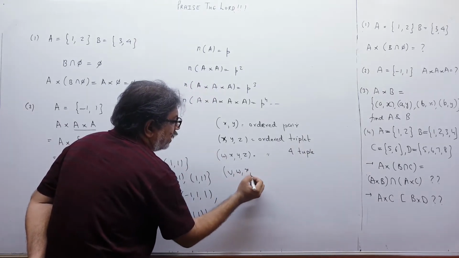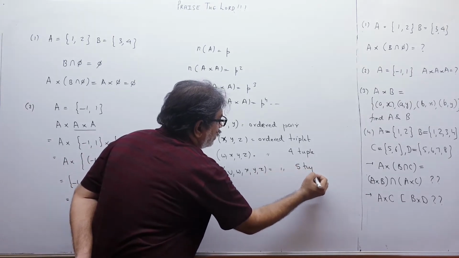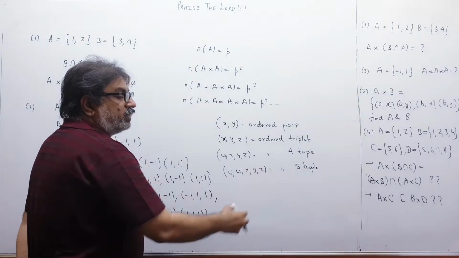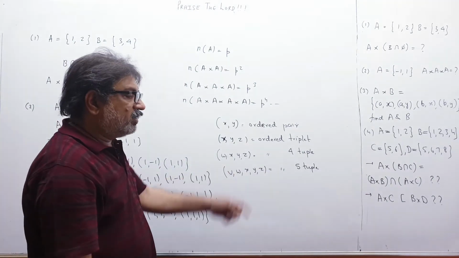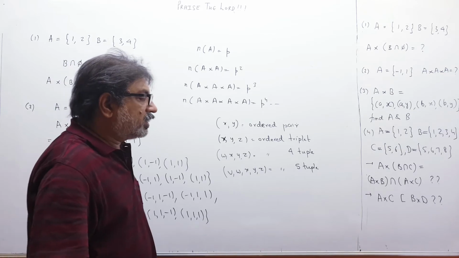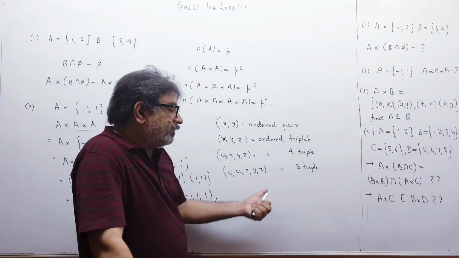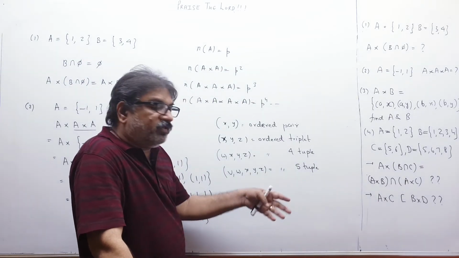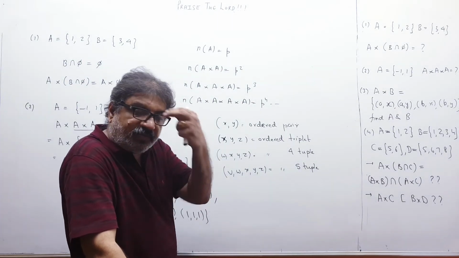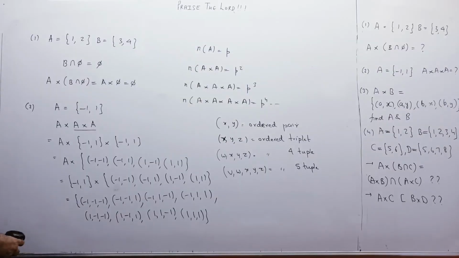V, W, X, Y, Z will be called an ordered 5 tuple. Then ordered 6 tuple, 7 tuple, 8 tuple, like this you will see. So for 2 it is ordered pair, for 3 it is ordered triplet, for 4 it will be ordered 4 tuple, for 5 it will be ordered 5 tuple, ordered 6 tuple, ordered 7 tuple, like this. Okay? Please pause and copy, children.